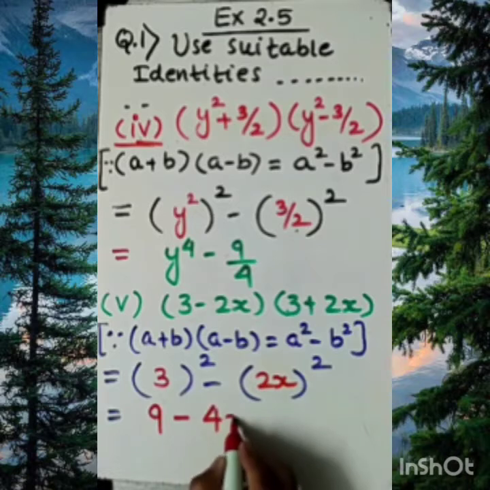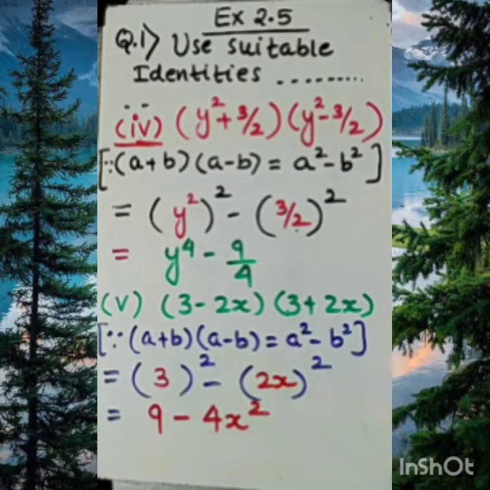So here it will be 4x square. So dear student, the solution of this fifth part is 9 minus 4x square. So you can see here all the way we are applying the identities and our work is becoming easier when we compare the given terms with the identity. Fine.